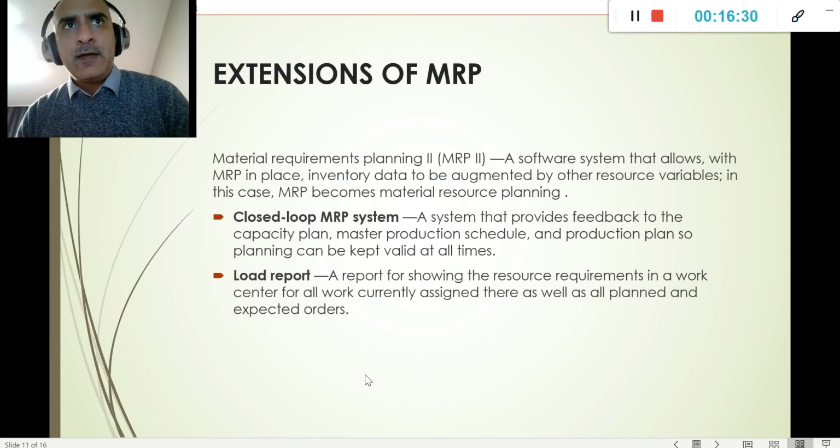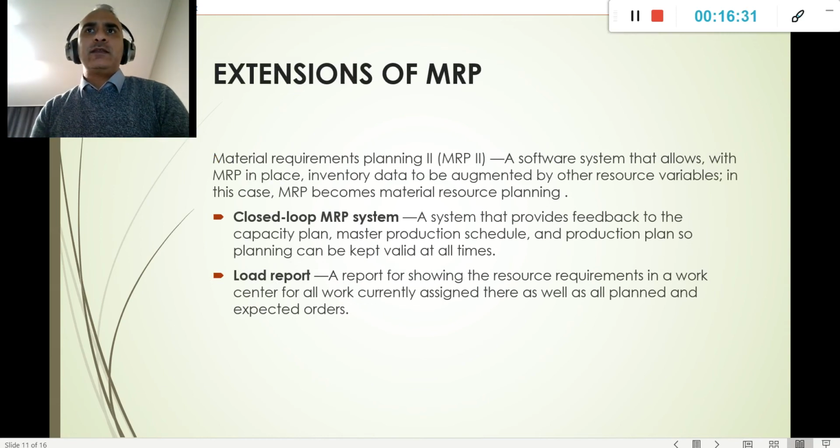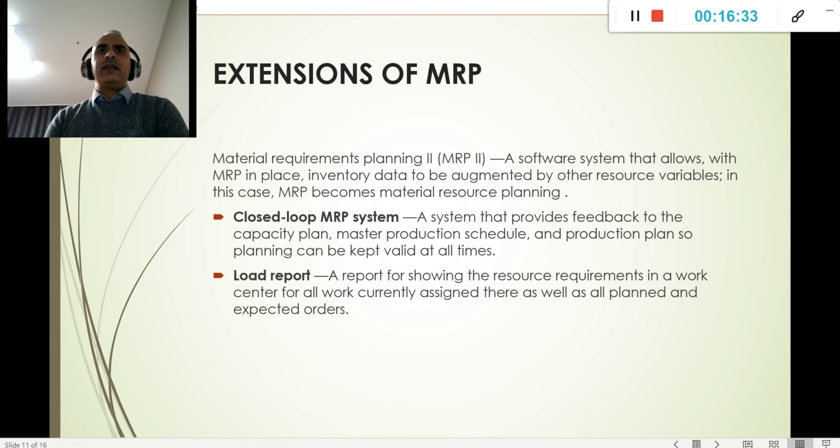Materials requirement planning is software, right? In this case, we have a closed loop MRP system. This one is more of the internal part of it. We provide feedback to capacity plan, because in this case, we see what's happening in each part of the process, right?